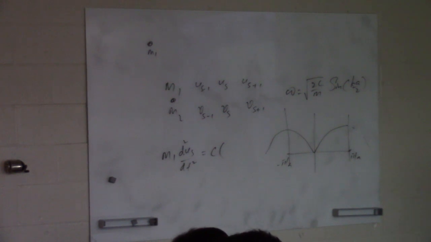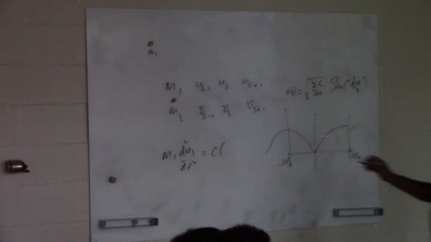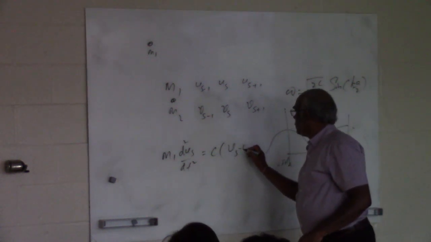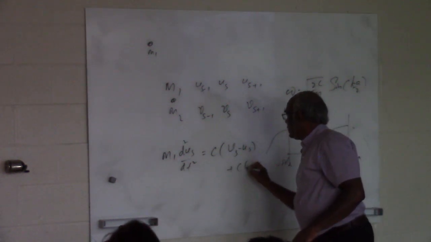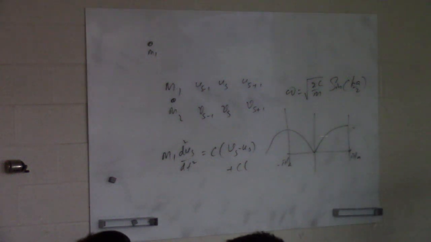Then v_s minus u_s, then plus C, and then what you have here, if I write this one as s, this is s plus 1, this is s minus 1, the particle position.